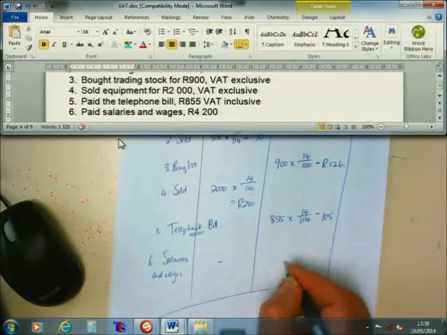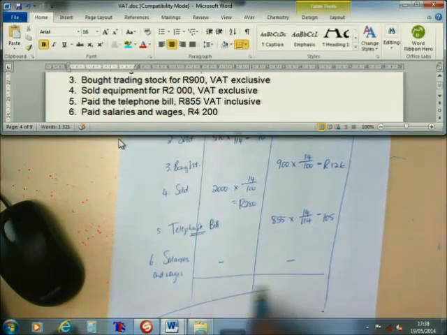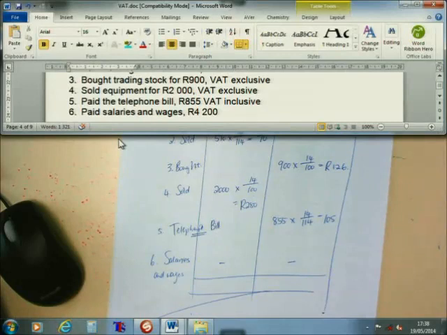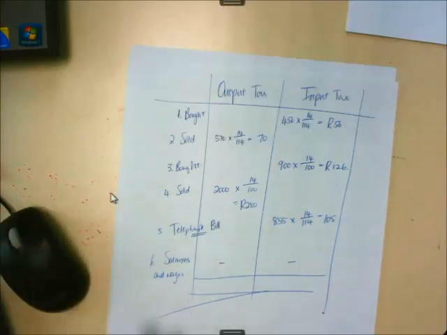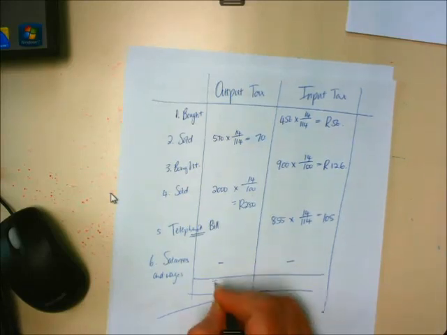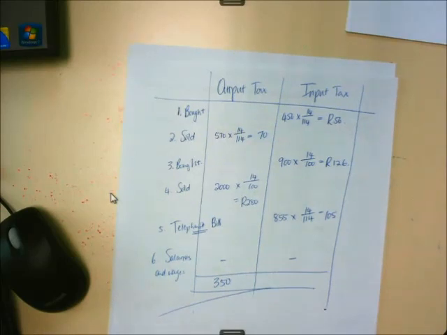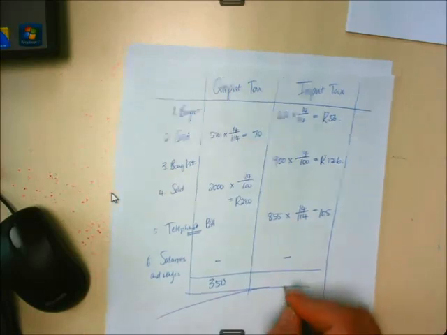So there's nothing there. What is the amount payable to SARS? You take your output, 70 Rand plus 280, which gives you 350. The input is 56 plus 126 plus 105, which gives you 287.